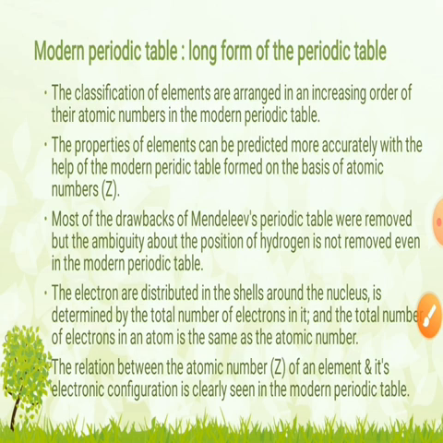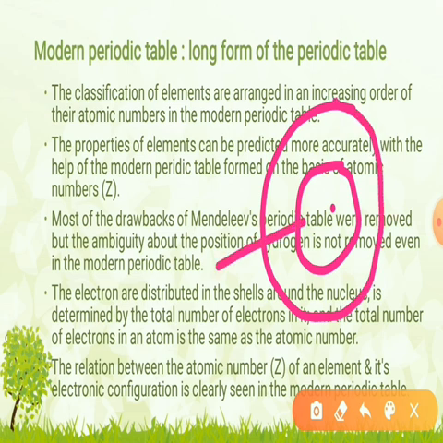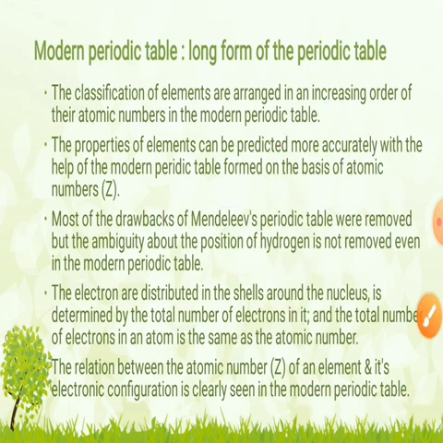How the electrons are distributed in shells around the nucleus is determined by the total number of electrons in it, and the total number of electrons in an atom is the same as the atomic number. See, you have seen this atom, and these are the orbits, which correspond to the different shells of the atom.